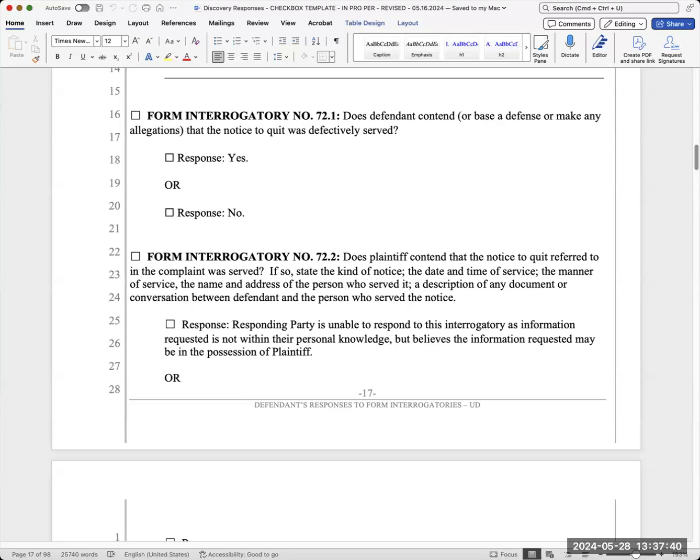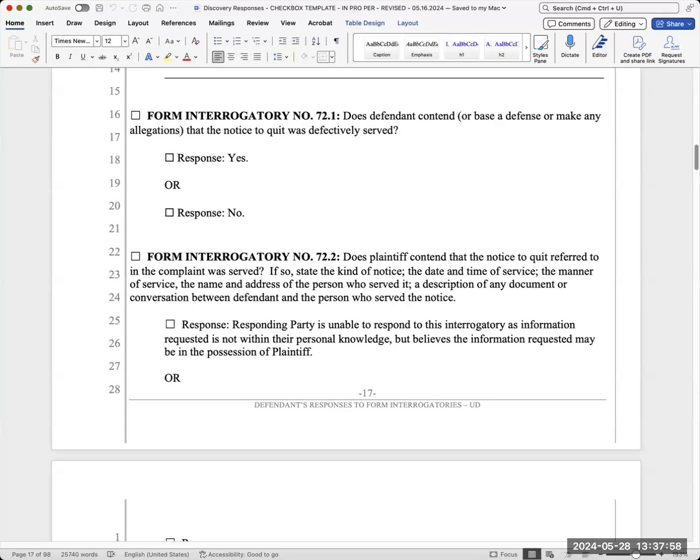You can read the proof of service to see how either the landlord or someone on behalf of the landlord or the landlord's attorney or a process server hired by the landlord's attorney, how they allege they served the notice, and was it served that way.